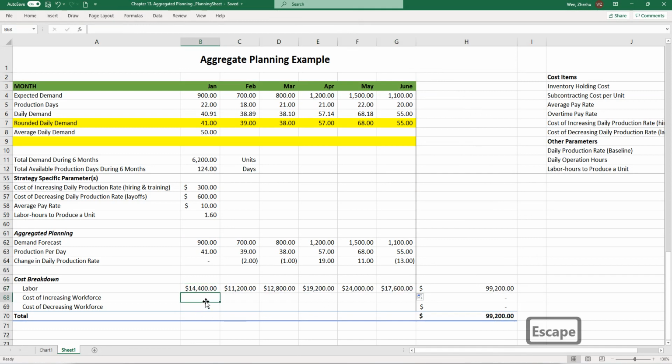And then we should evaluate: is there any cost associated with increasing and decreasing the workforce? For the first month, it's 0 because we didn't do anything. For the second month, we only have costs associated with decreasing the workforce. So it's going to be ABS, which is absolute value, multiplied by 600. Okay, I'm going to do that. I believe this month is also the same.